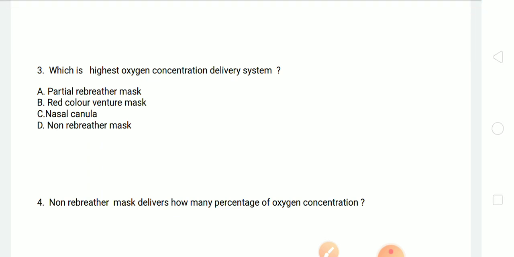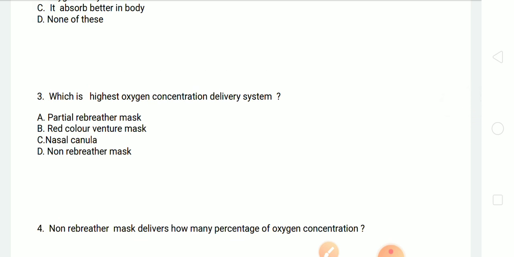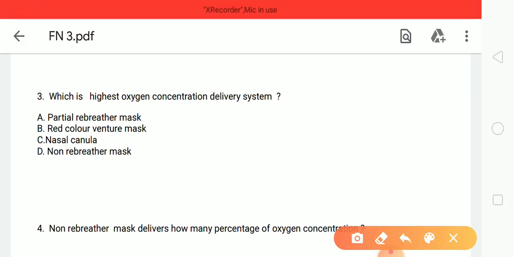In option A, the partial rebreather mask, the oxygen it can deliver is 60 to 90%, and the red color venturi mask can deliver 60% oxygen concentration.